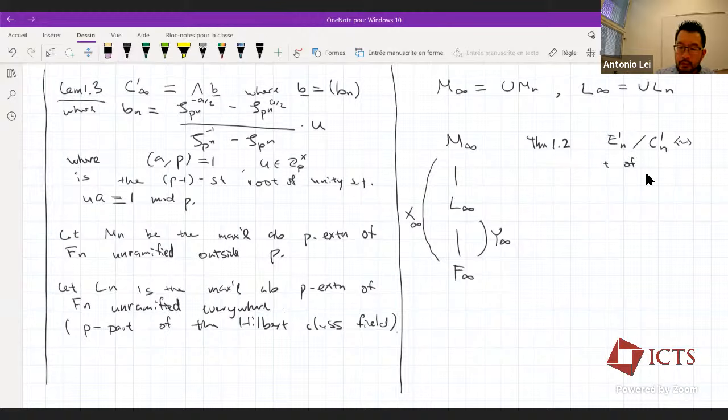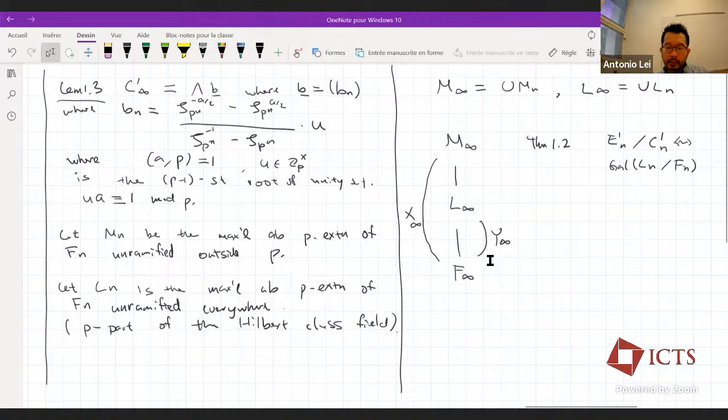That's precisely what this Galois group L_n over F_n is. So there's a link between the quotient of the global units by the cyclotomic units and this Galois group.